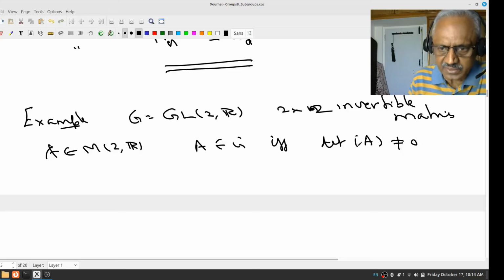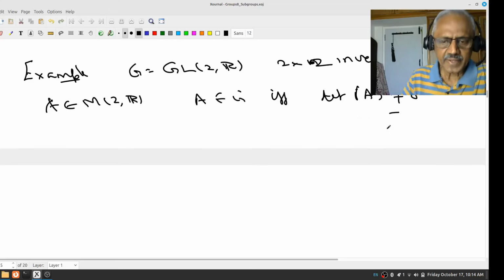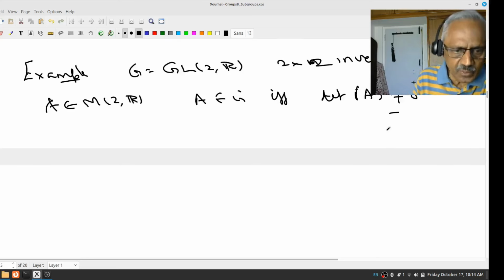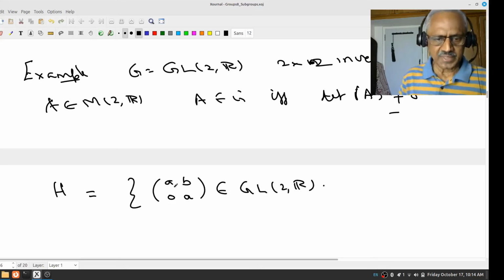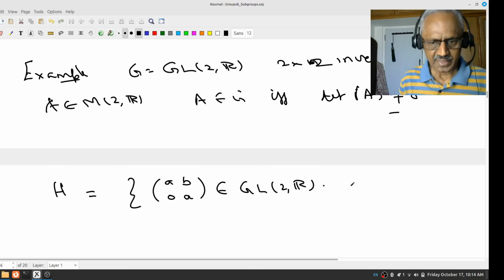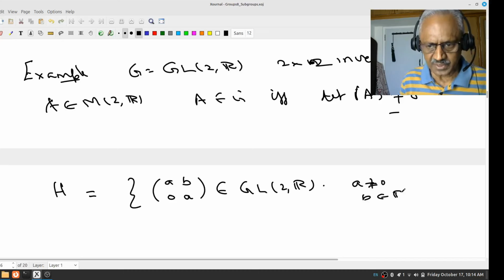We had seen all these things. Now let me look at this H, the set of all elements of the form A, B, 0, A in GL2R. So the obvious condition is A cannot be 0 because the determinant is going to be A squared, right? Therefore A is not 0, and there is no condition on B. B is any real number.